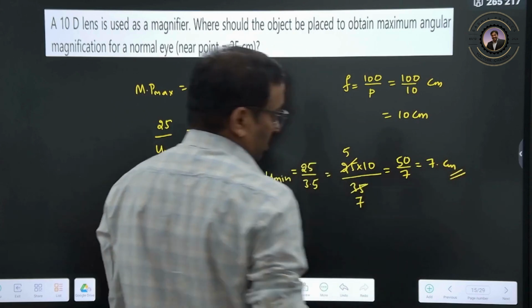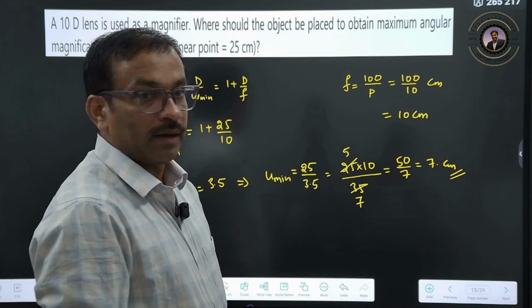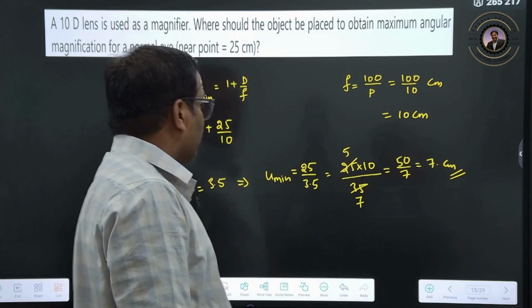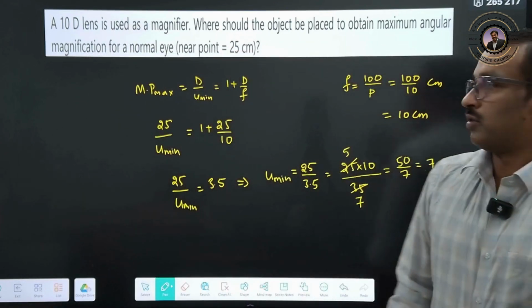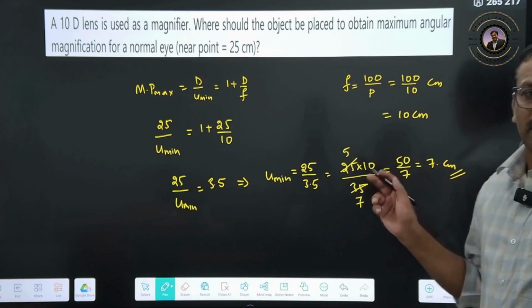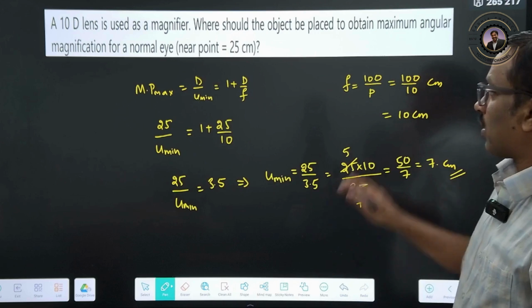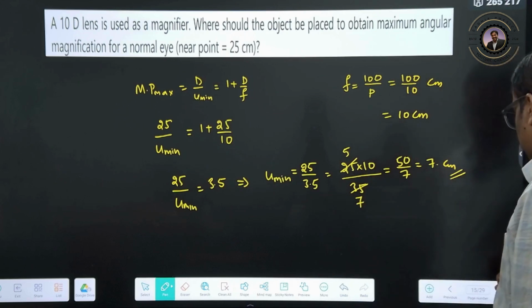Clear? So you can calculate very easily. Understood? If you see the previous videos, you can understand all this very clearly.